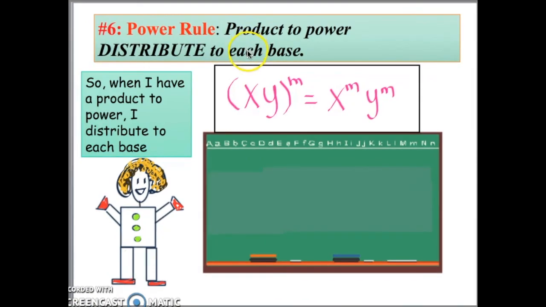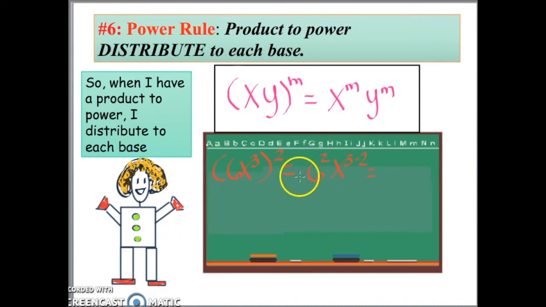Okay, let's do a couple practice with the product to power rule. So our first example, product to power. Okay, so I'm going to distribute to each base. So I have 6, okay, to the second power, x to the third times 2.